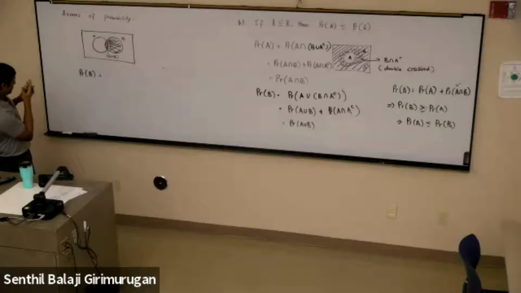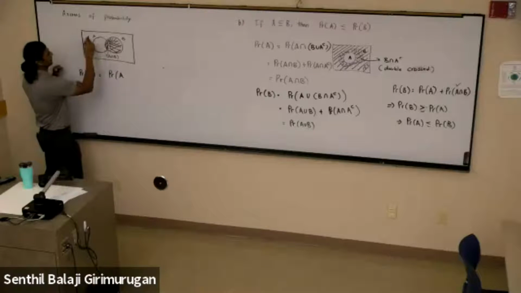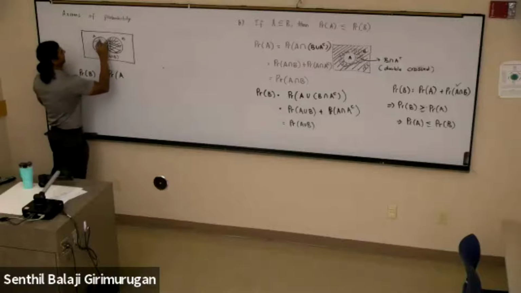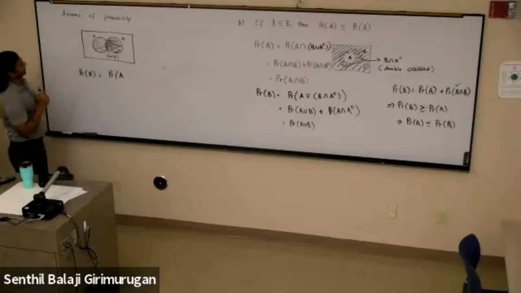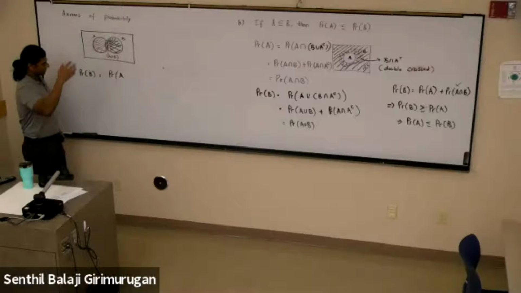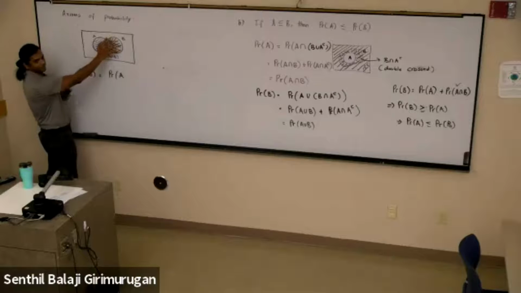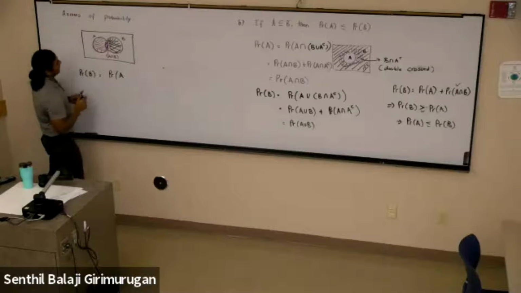So let me see, the probability of B is the probability of A, which is this part, union, what is the remaining part? B intersects A complement. The rest of it is all A complement, so this would be B intersects A complement.